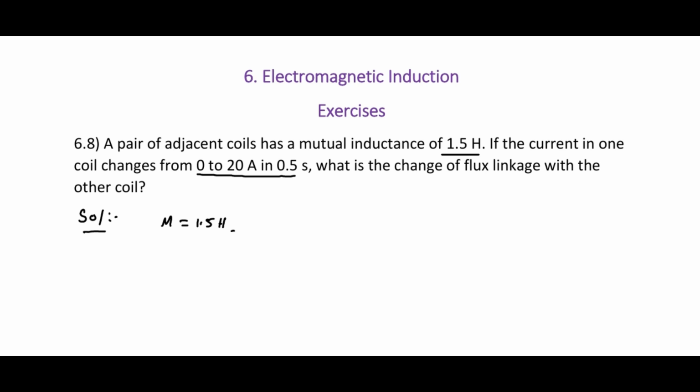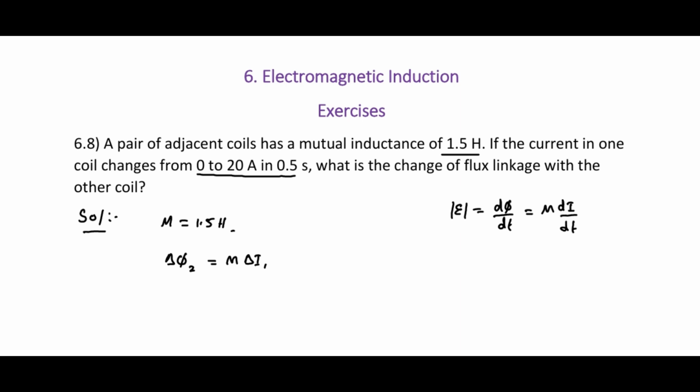So we can write the change in flux in the second coil is equal to M into the change in current in the first coil. How did we get this formula? E is equal to d phi by dt. If you take the magnitude, that is nothing but M di by dt.